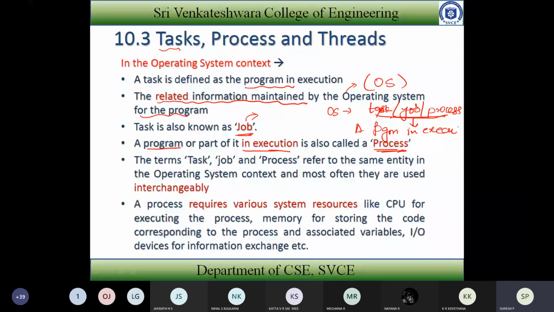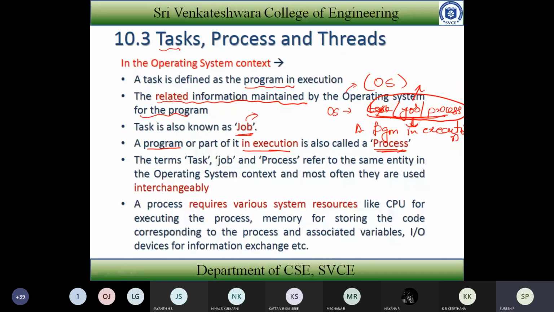If you take the definition for a task, it is also a program in execution. A job is also referred to as a task. A process is nothing but a part of the task in execution. So with respect to the operating system concept, all these terms relate to the same thing, which is nothing but a program in execution.